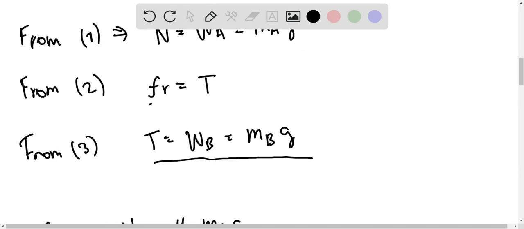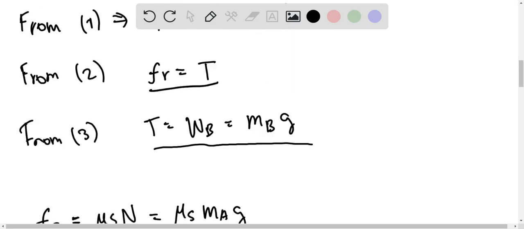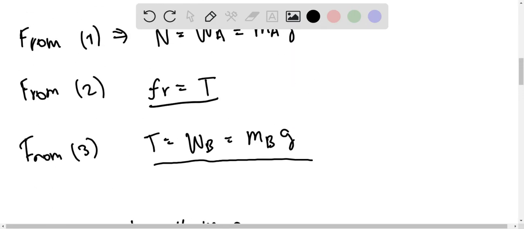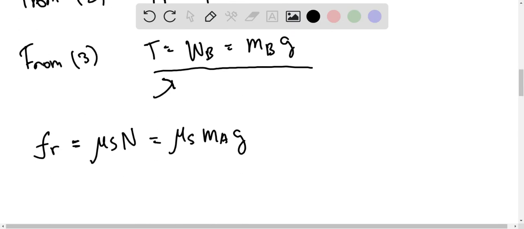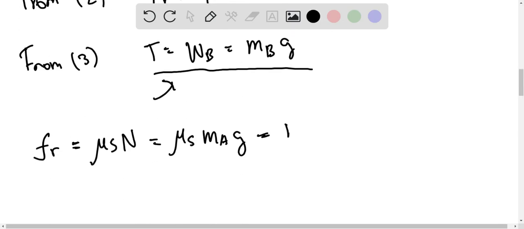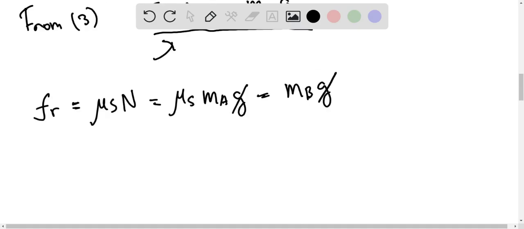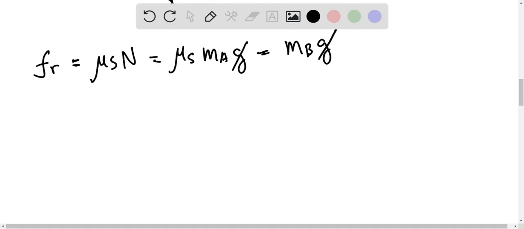And we know that the friction force is also equal to the tension, but we know that the tension is also equal to the weight of the block B. So we can eliminate g, and we just simply solve for MA, which is the one that we want in this case. So MA is just simply MB over the coefficient of static friction.